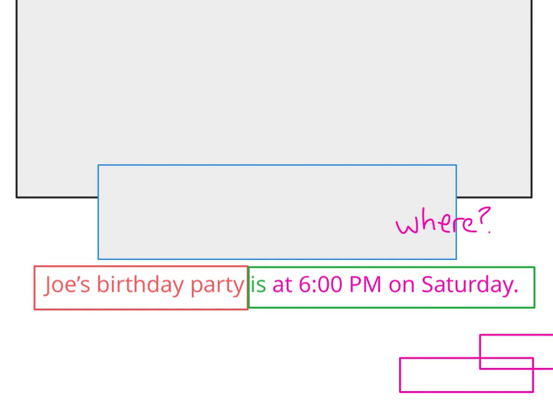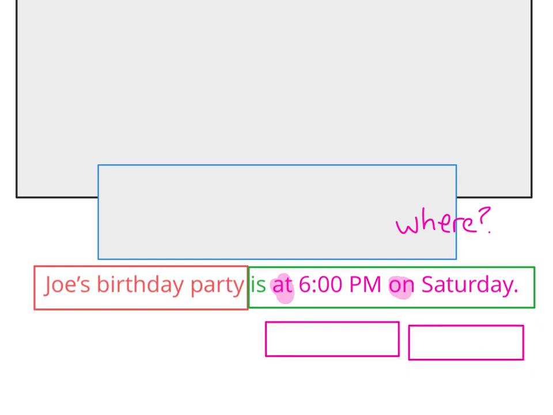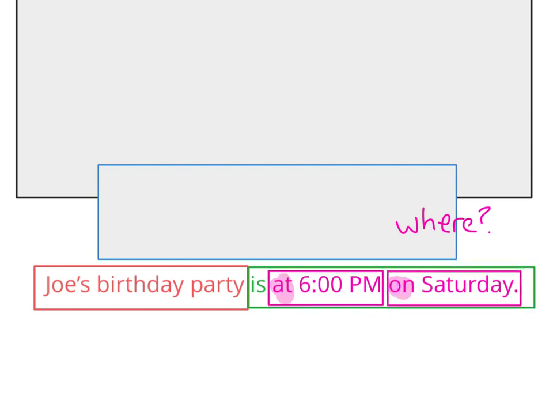Well, this sentence has two prepositions in it. Do you see it? There's one here and there's one here. So, when is Joe's birthday party? Well, it is at 6 o'clock p.m. on Saturday. So it answers the question when for a time and a day.